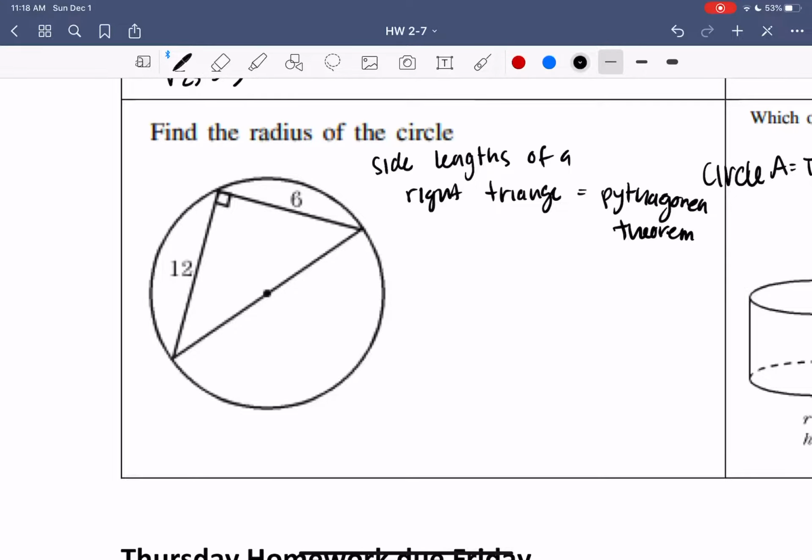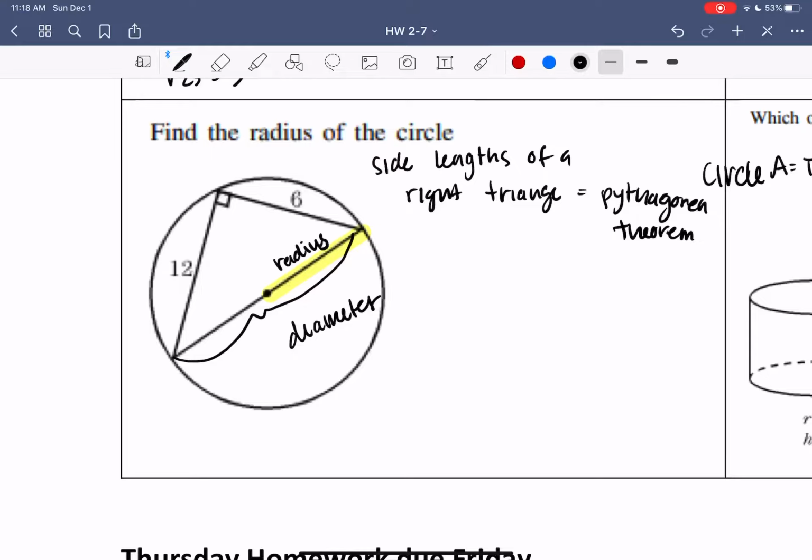So remember that this whole thing is our diameter. So half would be our radius. So this is going to be like a 2-step problem.